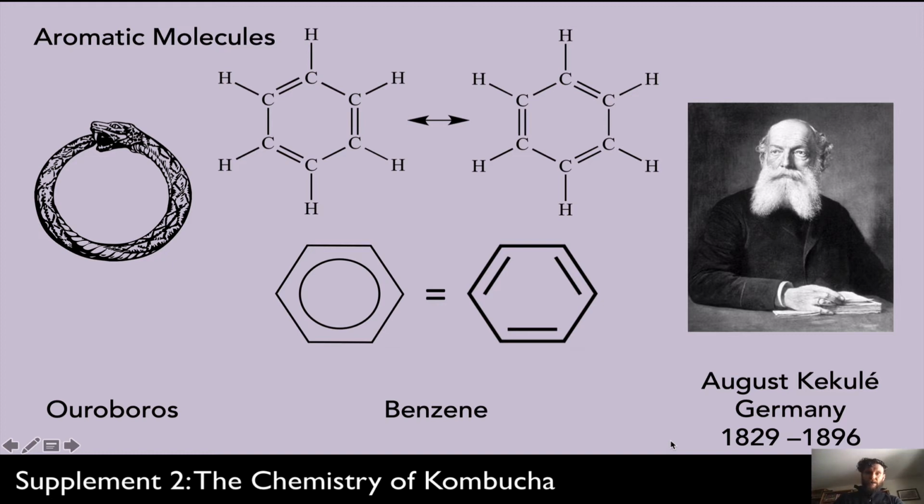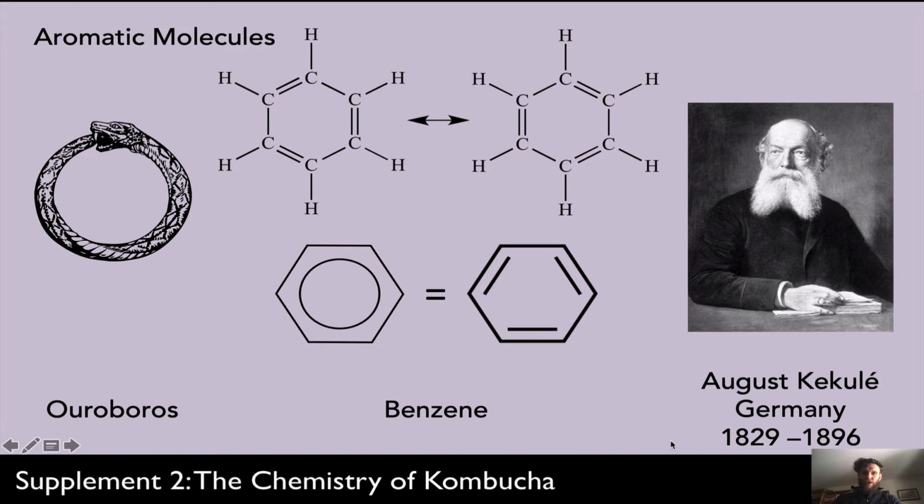Those double bonds and those single bonds, the electrons can flow from one double bond into the adjacent single bond, and so on. And in fact, none of the carbon-carbon bonds are really the length of a double bond, nor the length of a single bond. It's somewhere in between. All of these carbons are like 1.5 bonds in length from each other.